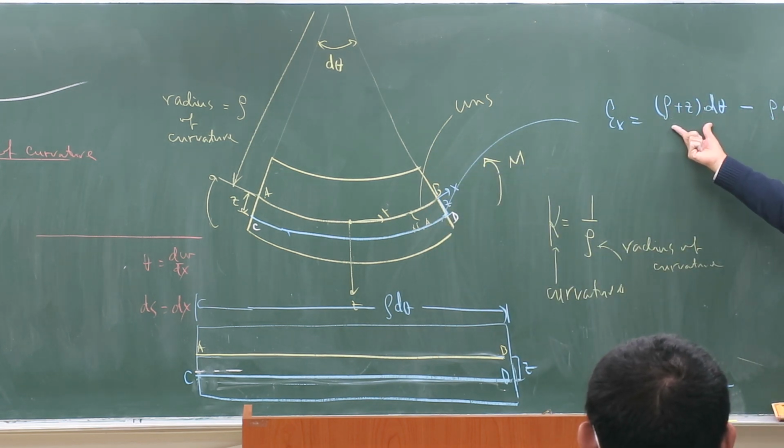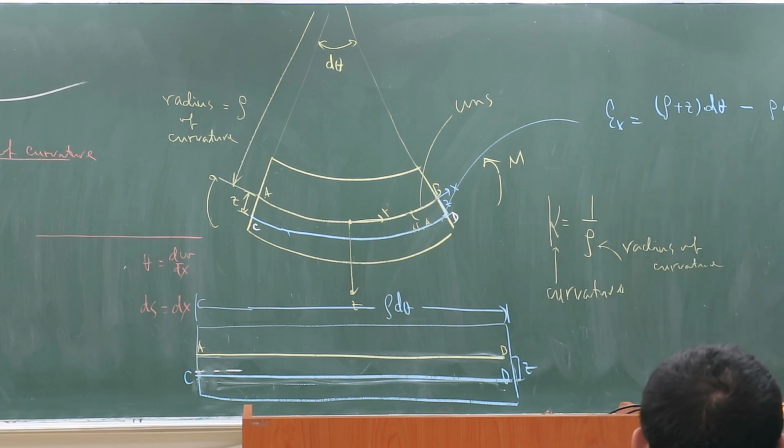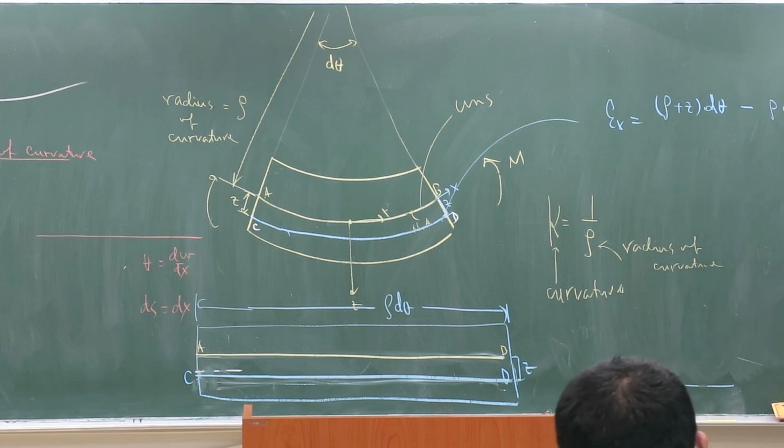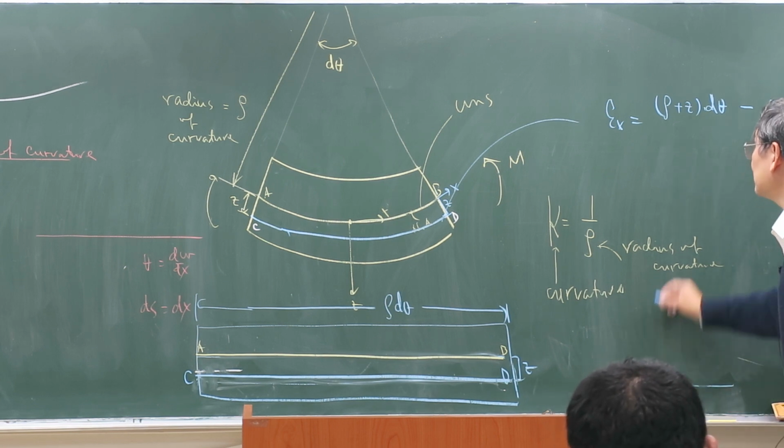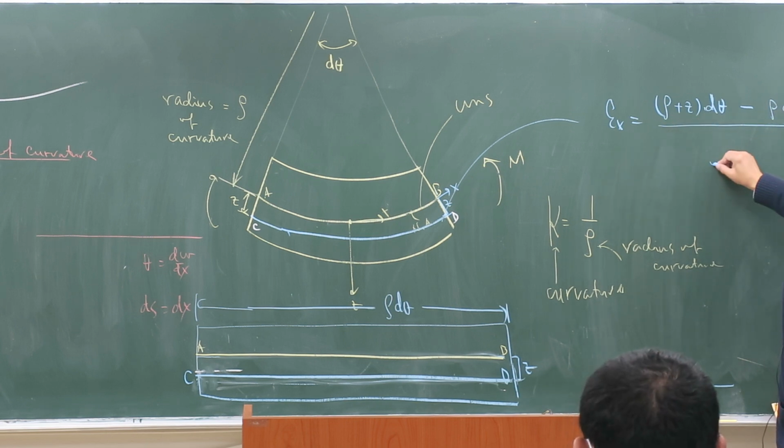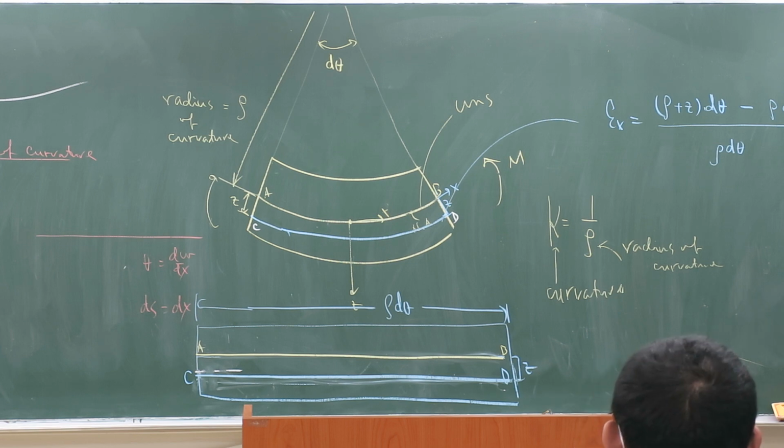This is the final length because its radius is larger, under this deformation. And this is unstretched. Then the difference divided by the original length, rho d theta, that will be delta L over L, the concept.